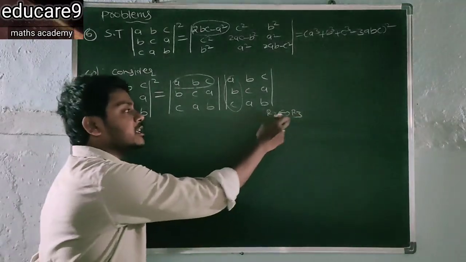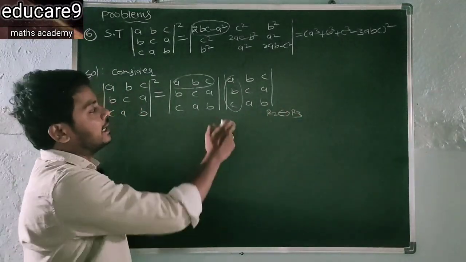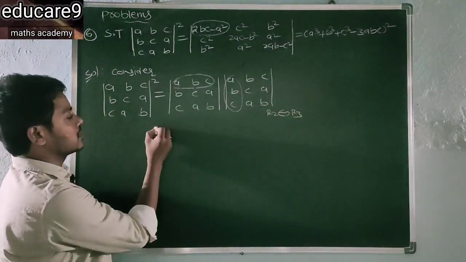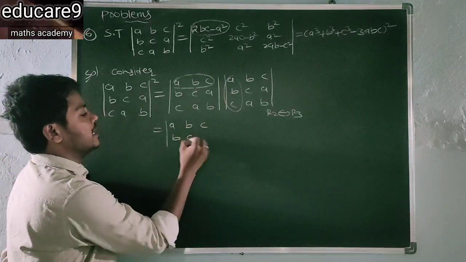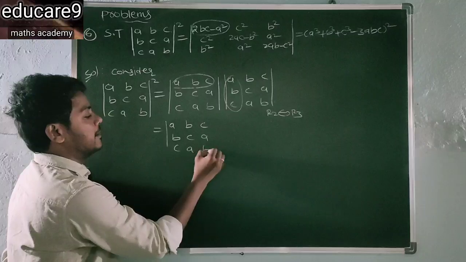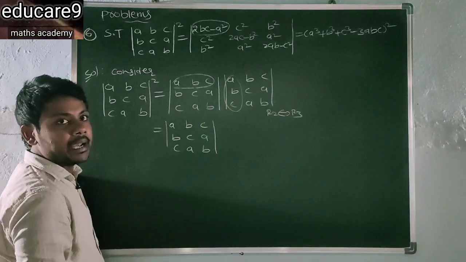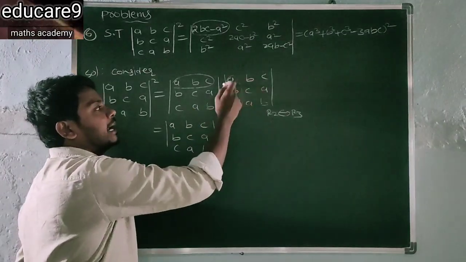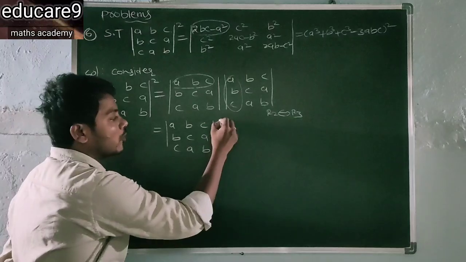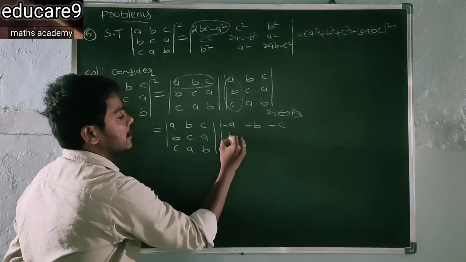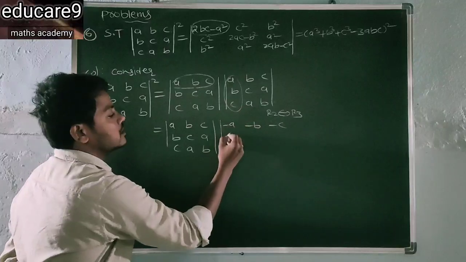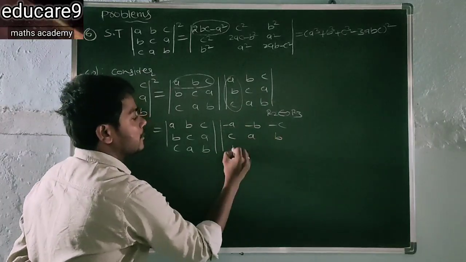If you interchange the rows, then the sign of the determinant also changes. That is [A, B, C; B, C, A; C, A, B]. You will get minus; multiply that minus with the first row. That is minus A, minus B, minus C, then C, A, B and B, C, A.